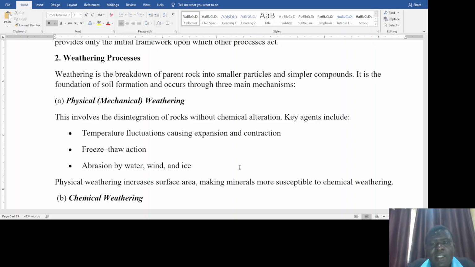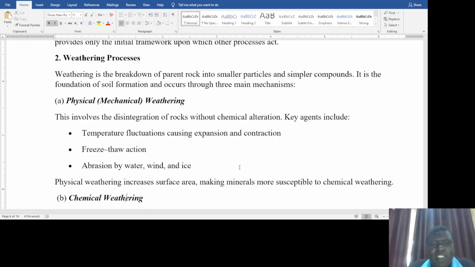And three main mechanisms are involved in this weathering process. The first is known as physical, which is also referred to as mechanical weathering. This involves the disintegration of rocks without any chemical alteration.